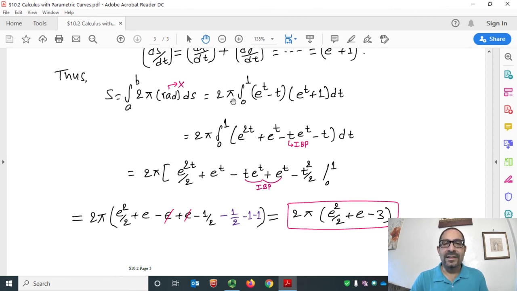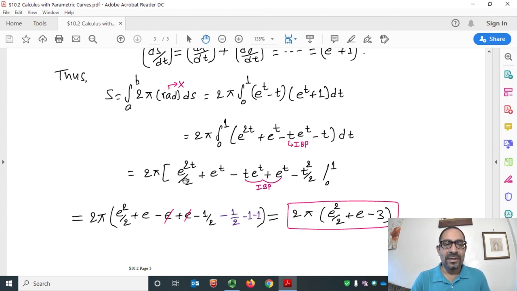So 2 pi as it is, definite integral as it is. When you multiply e^t minus t times e^t plus 1, this turns out to be e to the 2t plus e^t minus t e^t minus t, outside dt. Then we can integrate term by term. We can integrate e to the 2t easily, and e^t easily. For the third term, t times e^t, we have to use integration by parts.